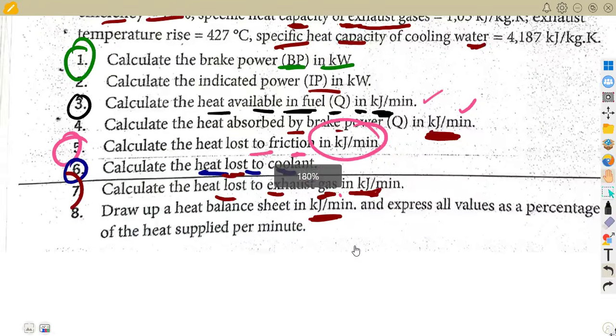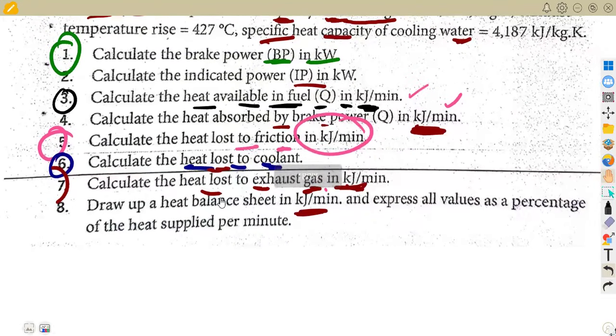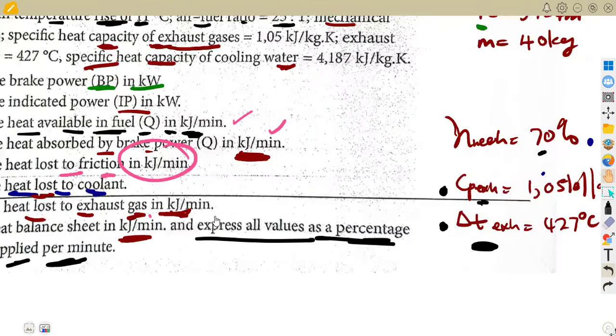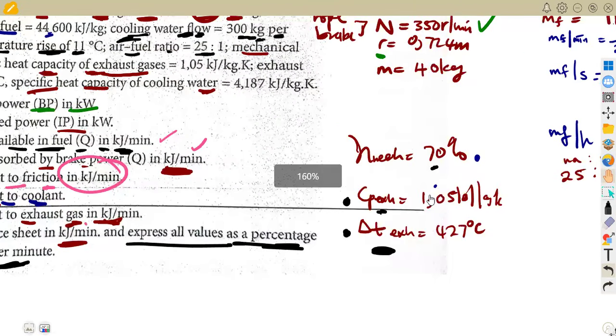We need to draw up a heat balance sheet in kilojoules per minute and express all values as percentages of heat supplied per minute. I talked about this on our heat balance sheet.